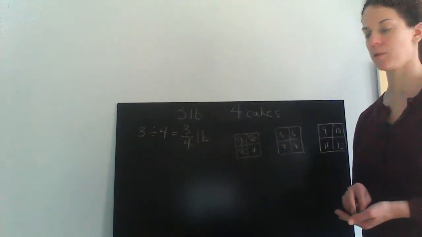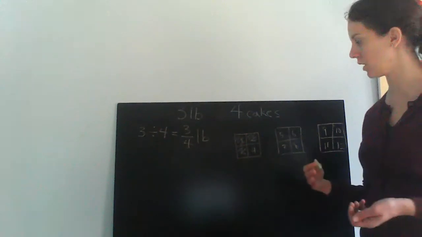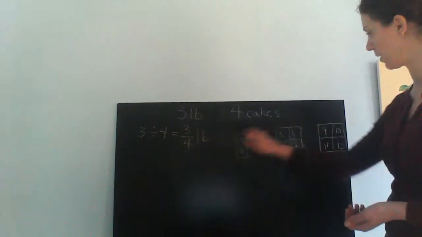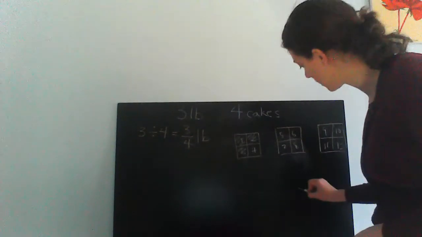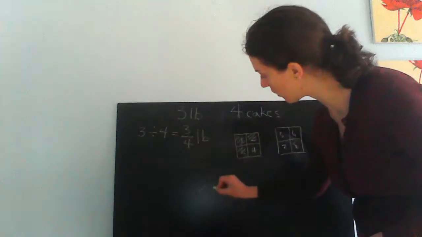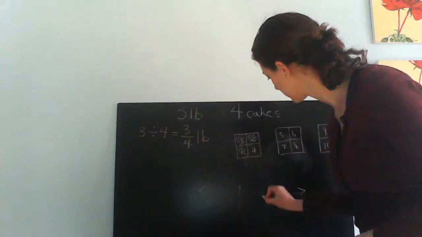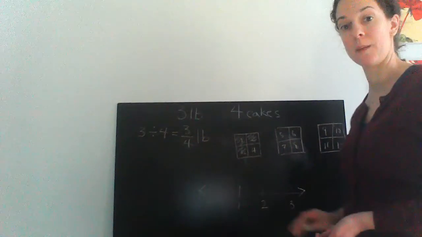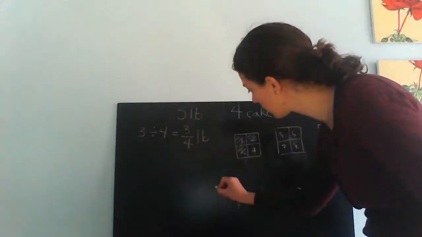You can also use a number line. This way might not be as intuitive, but you can use a number line to model the same thing we did here, where you've got maybe a number line from 0 to 3. Okay, so those are your 3 pounds of flour, and you divide each whole into fourths.